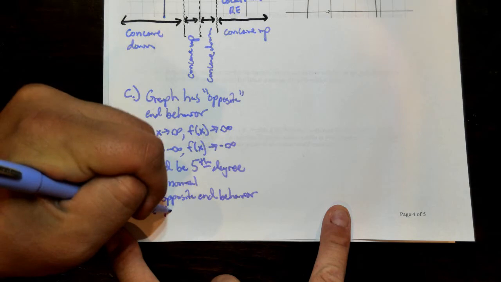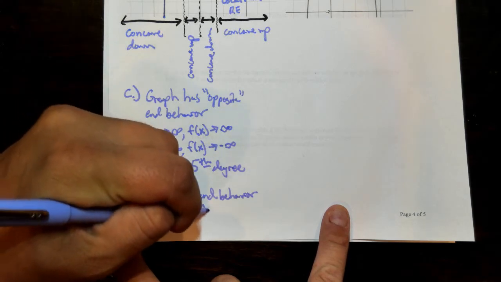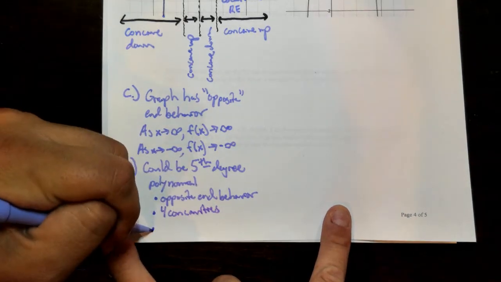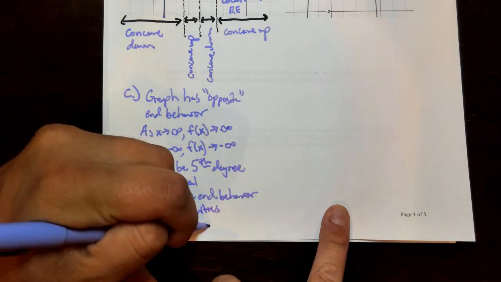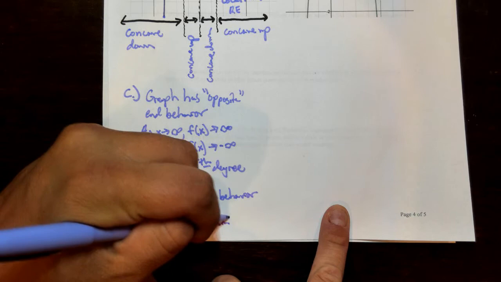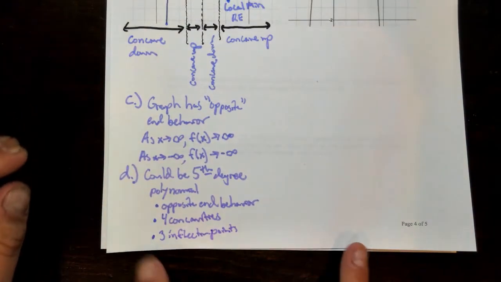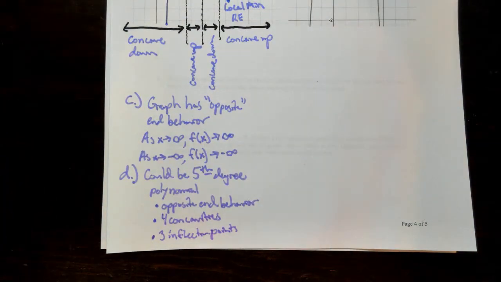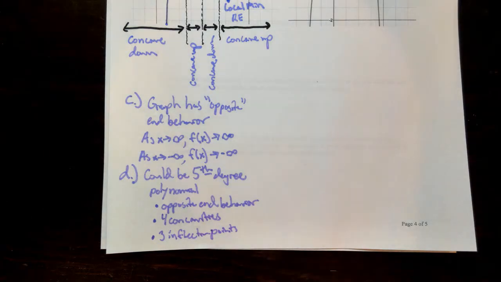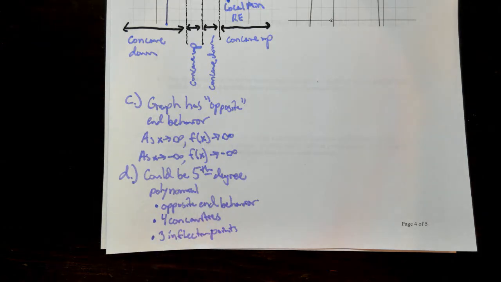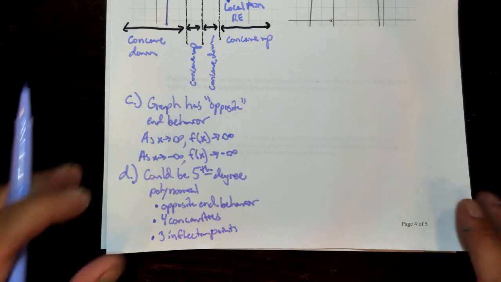There are 4 concavities. And then finally, there are 3 inflection points. And the inflection points work the same way, where the number of inflection points can't be more than 2 less than the degree. So because 3 is 2 less than 5, that gives me another idea that this could be a 5th degree polynomial.